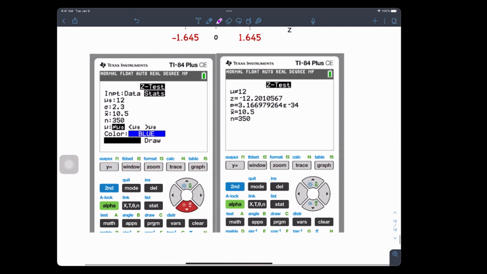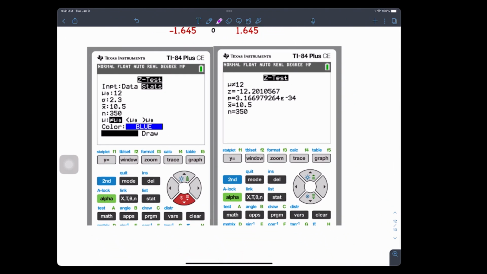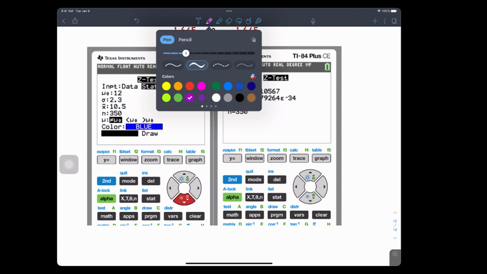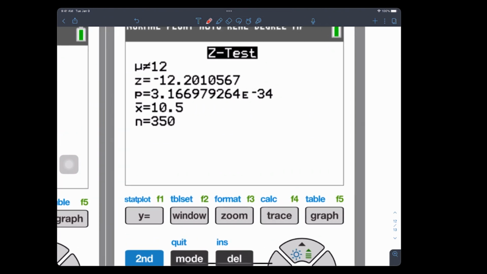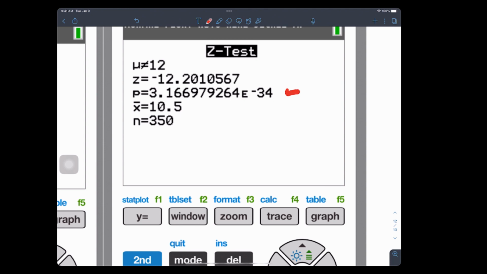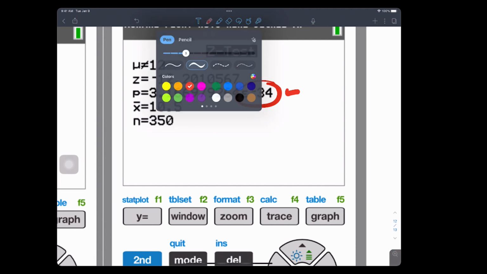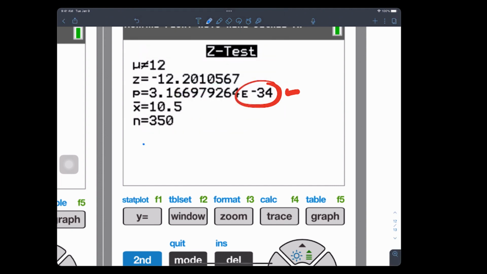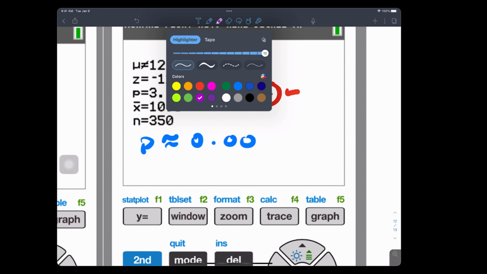Now, though, I'm going to say this. Let's get the p-value. If you put in all the sample information, you go, oh, look at this. This is even more insane. Look at this p-value. Do you guys know what e to the minus 34 is? Woo-hoo. That is very much close to 0. Your p-value is approximately what? 0.